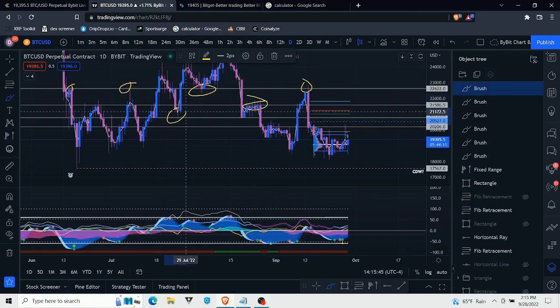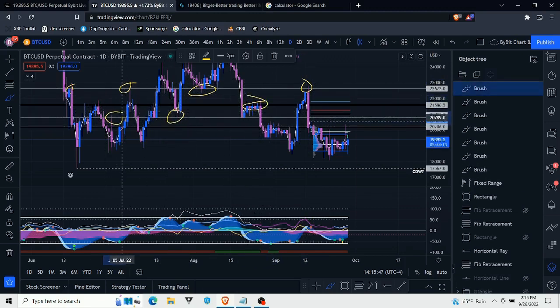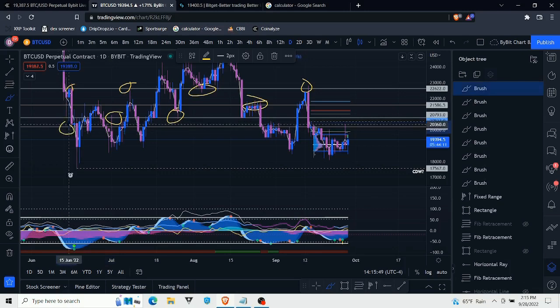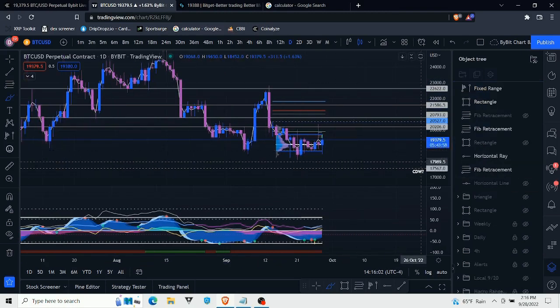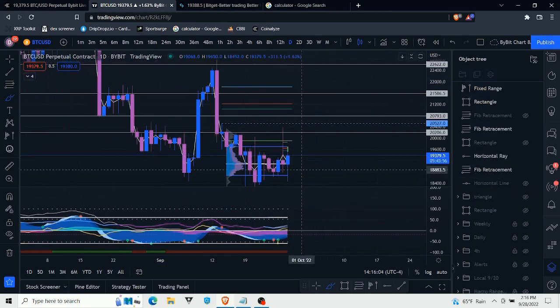So I'll just go through either on the macro or locally, and I'll mark out these support resistance levels. I tend to do it more for the macro levels. If I'm doing local support resistance, it's usually because I'm looking for take profit levels locally, or maybe I'm looking for confluence with a level.